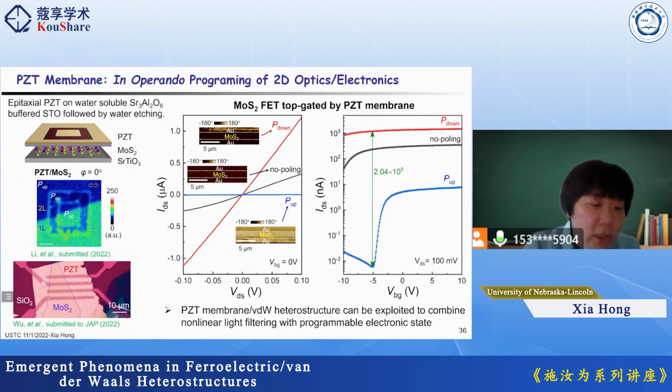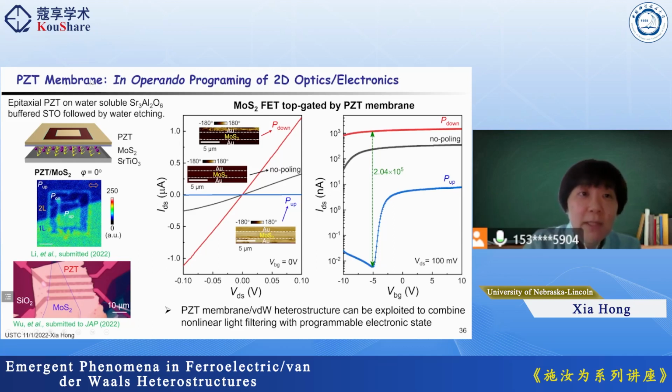So what I have shown you is that we can either work with a top gate such as a ferroelectric polymer, write domains, and create junctions, or we can work with an oxide back layer that gives very nice SHG tuning. So the question is whether we can combine these two effects. The answer is yes. We have some recent progress in fabricating ferroelectric oxide membranes.